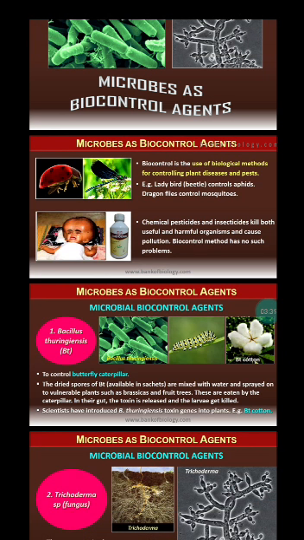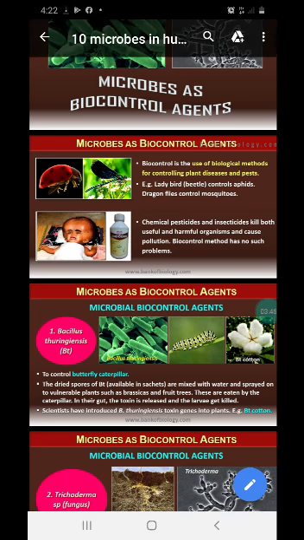So, usually what do we do to control them, to prevent their attack? We usually use chemicals, right, which are called insecticides, pesticides, weedicides. Now, what is the harm in using these chemicals? You know that, right?